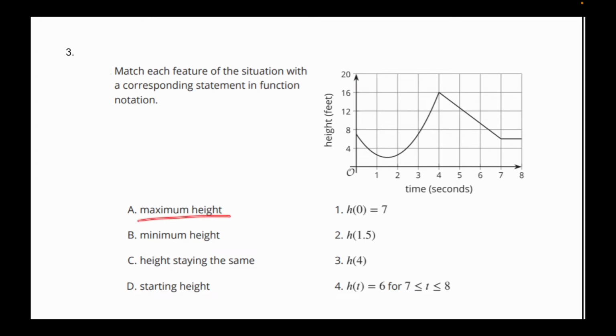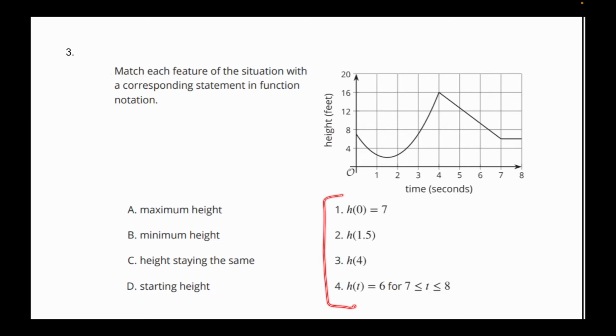Maximum height. Well, it looks to me like the very tallest this goes is right here. So we have to be careful because we have time and we have height. And they wanted to know the maximum height, not the time. So the maximum height here is going to be 16, and it occurs at 4 seconds. Now, do I have something here telling me that's 16?